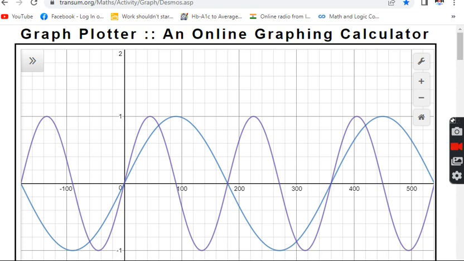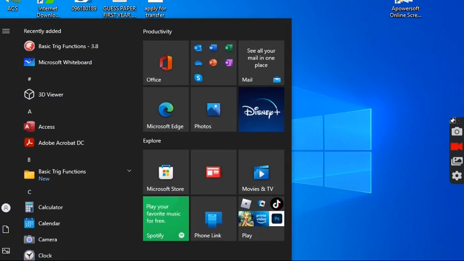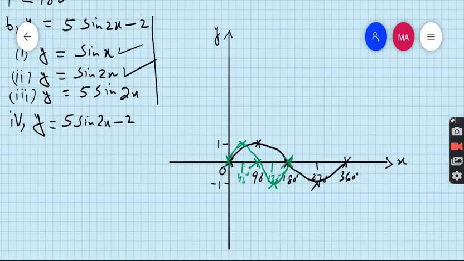Amplitude doesn't change, but the period has changed. The period is shorter. What is period? Period is actually the length or interval where the graph repeats. So the period of the black curve is 360 degree, and the period of the green curve is 180 degree.